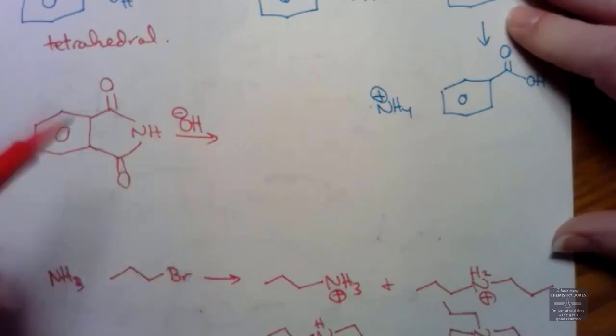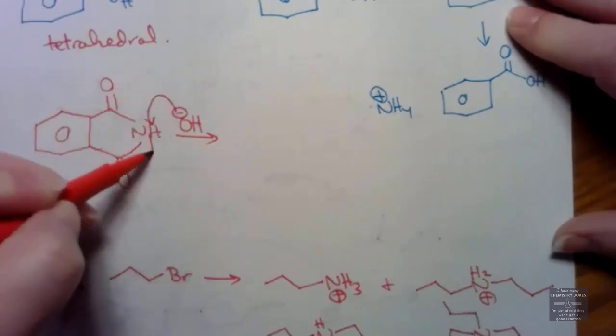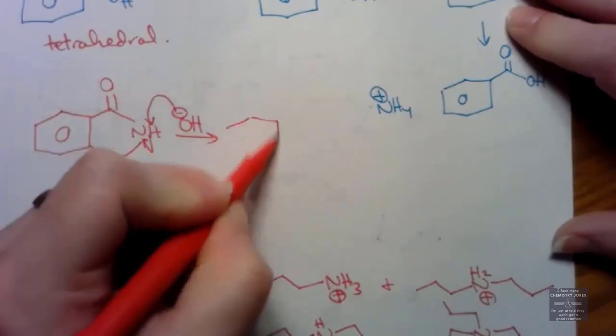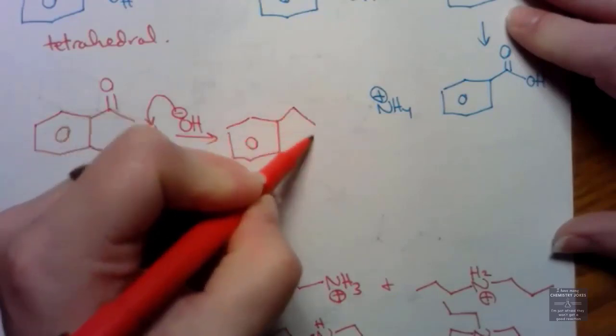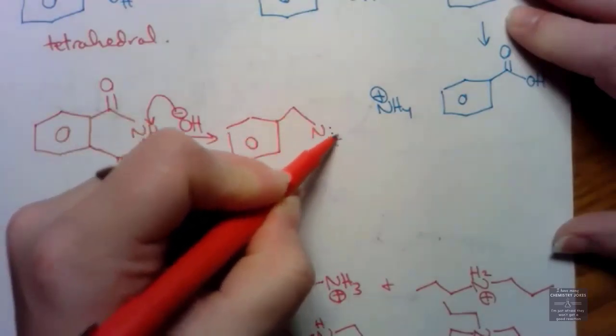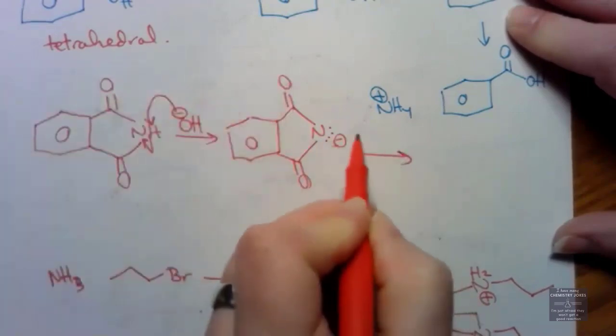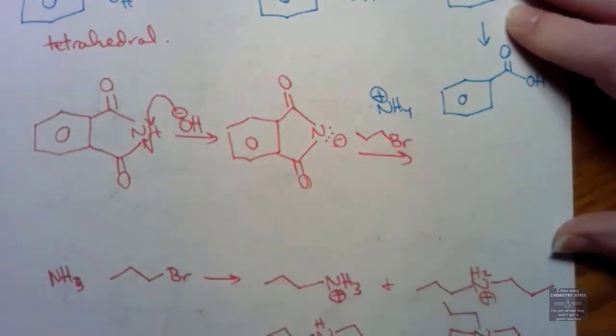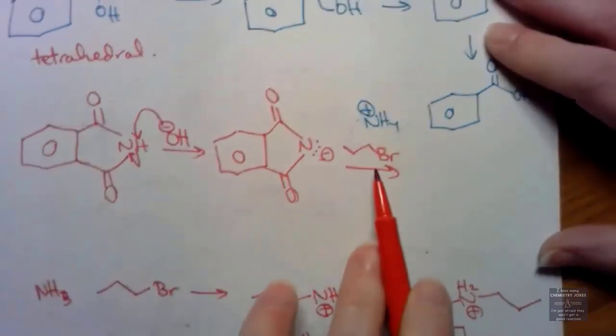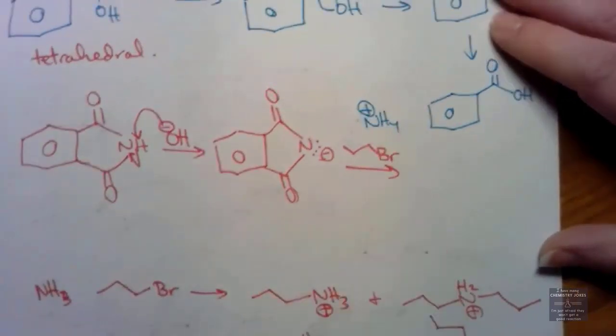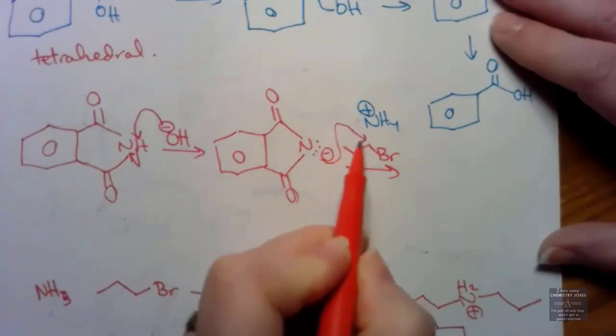It starts off by deprotonating this nitrogen, this imide nitrogen. Deprotonate. And then you add a good SN2 substrate. This could be a halogen, this could be a sulfonate ester, something like that. SN2.